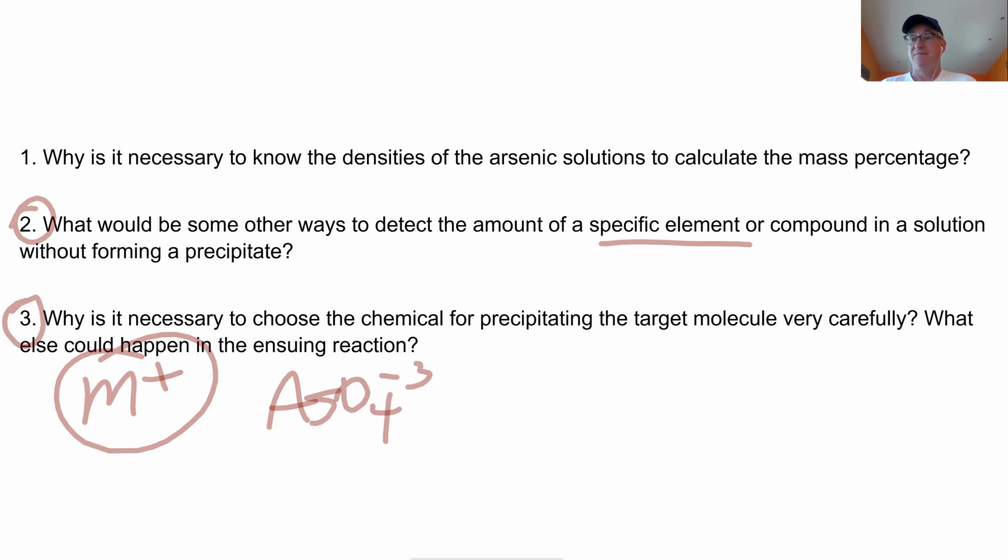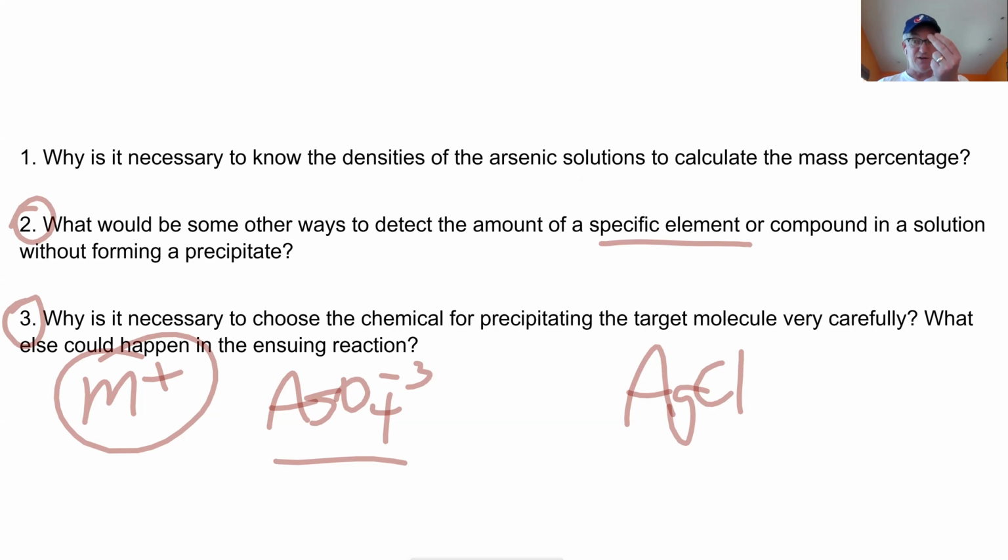Yeah, exactly. It's really tricky to do something like this and make sure that the only thing you're precipitating is arsenate. So you try, but basically what you try to do is find a metal ion that won't precipitate a whole lot of other things. Silver is kind of tricky because silver chloride isn't particularly soluble either, and so silver will precipitate other things.